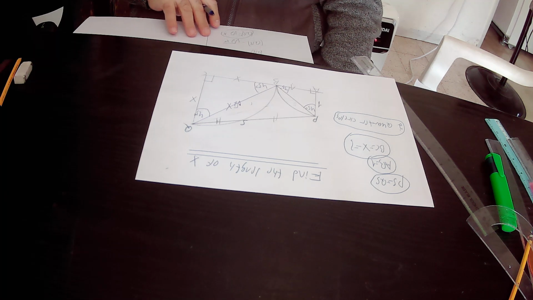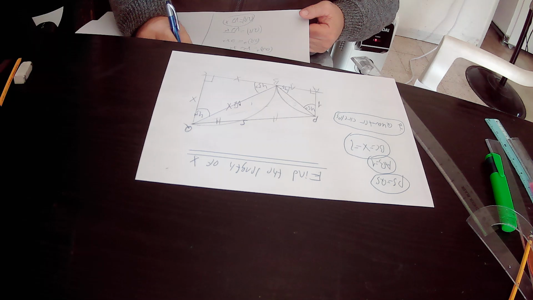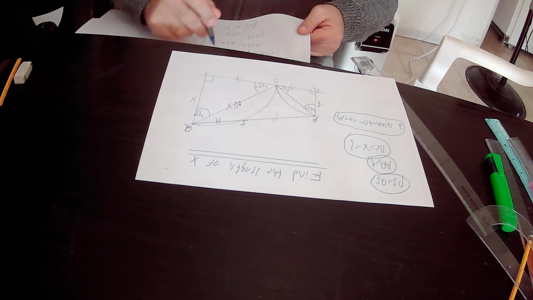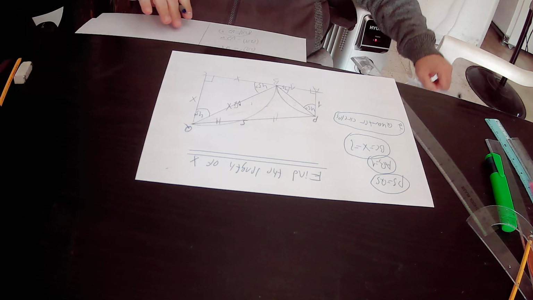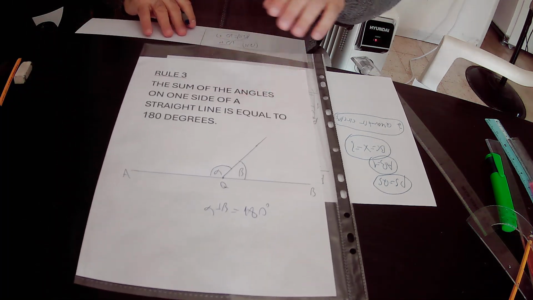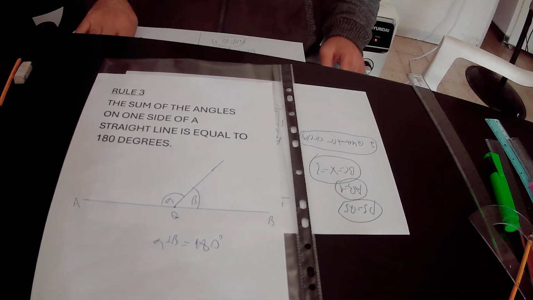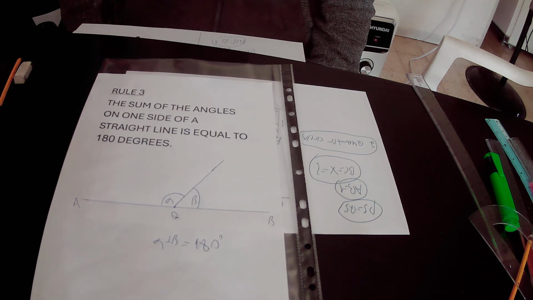Next step, I present to you rule number 3, and we'll implement rule number 3 in our drawing. According to rule number 3, the sum of the angles on one side of a straight line is equal to 180 degrees.